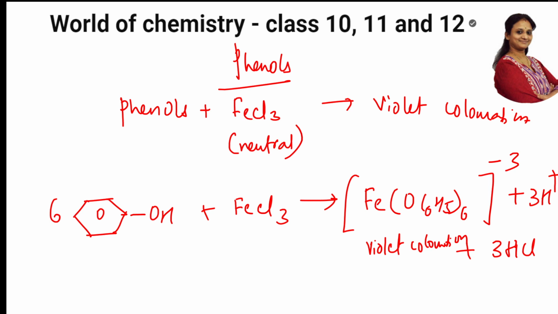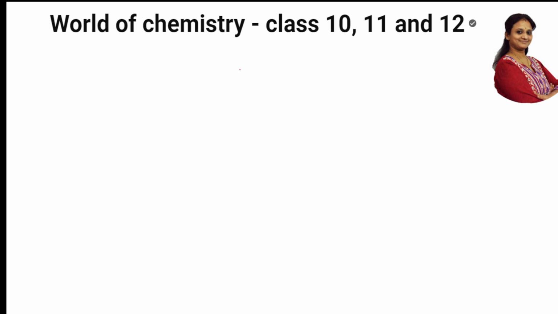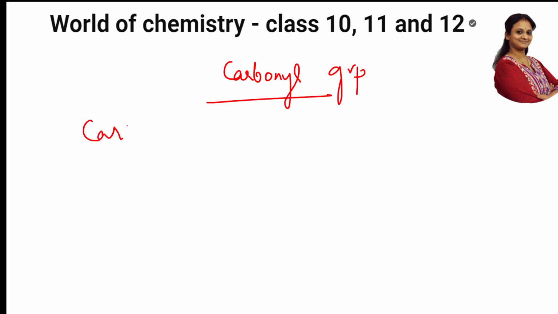Next chapter, simple carbonyl compounds. Your aldehydes and ketones are there, right? The carbonyl group. How can I differentiate the carbonyl group? Remember, students, for any carbonyl compound, I can use 2,4-DNP.